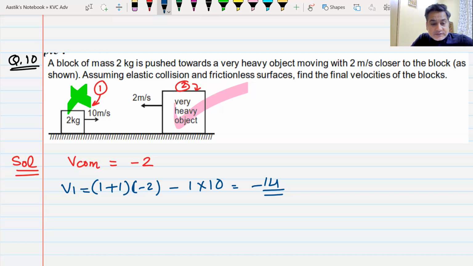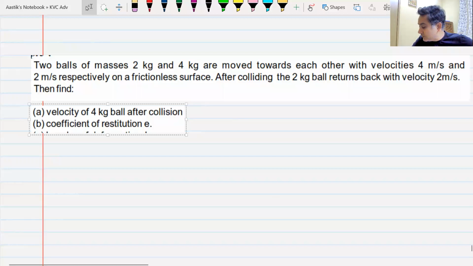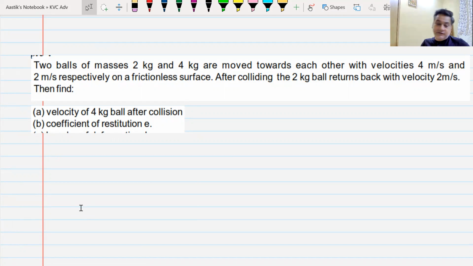Let's see who can do this. 2 balls of mass 2 kg and 4 kg are moving towards each other with velocities 4 meter per second and 2 meters per second respectively, on a frictionless surface. After colliding, the 2 kg ball returns back with a velocity of 2 meter per second. Find these 2 things. Let's see who gets this one.